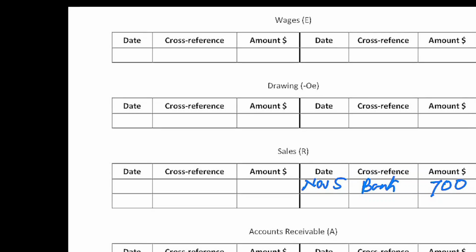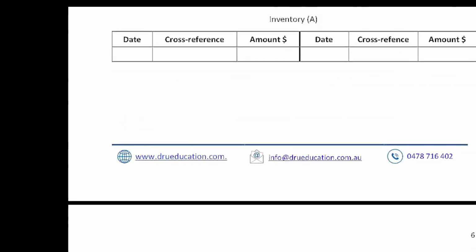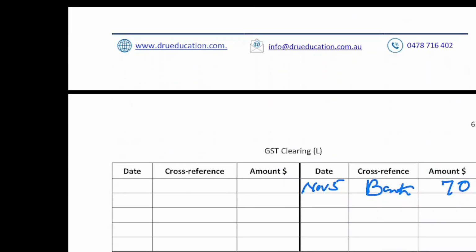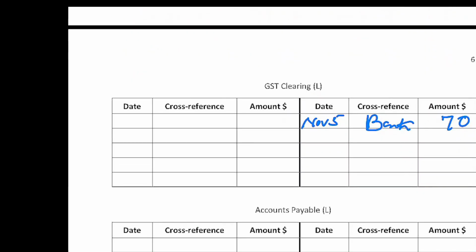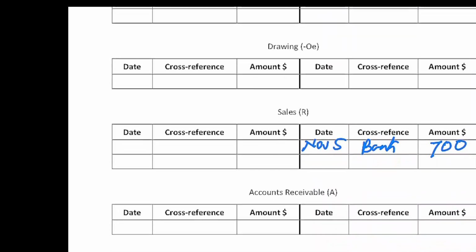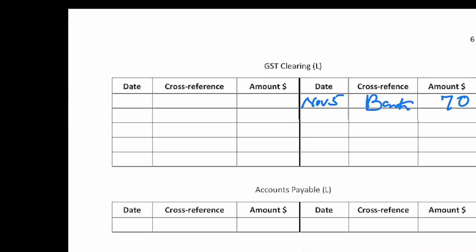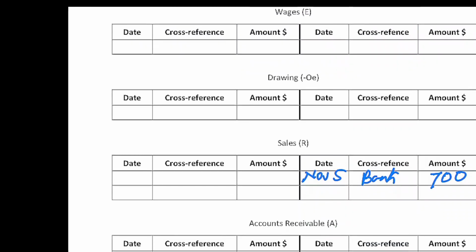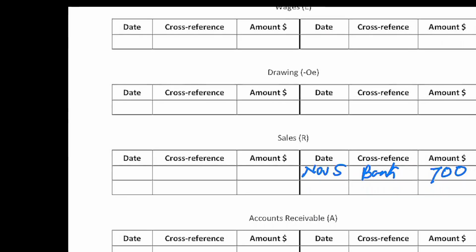Alright, then the other one is you are recording at the cost price. What's the cost price? Yeah, 500. So what is the double entry? Sorry, because I missed my cost of sales, we'll have to draw a cost of sales account. Right? Cost of sales. So in cost of sales, what do you debit?